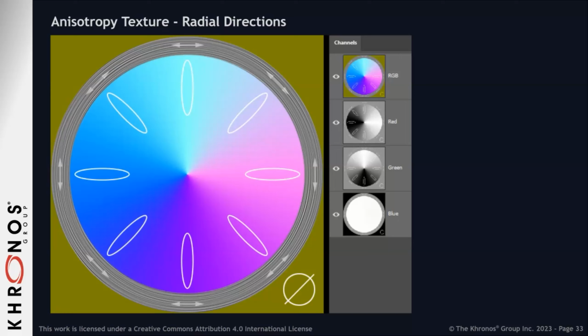And if we want radial anisotropy, like the bottom of a saucepan, then we'll want a gradient sweep like this. For 0 anisotropy, we can set the blue channel to use black. It's also a good idea to set the red and green to 50% gray, which ends up causing less lighting artifacts. So that's why we get this kind of pukey green color where we don't want the anisotropy to occur.